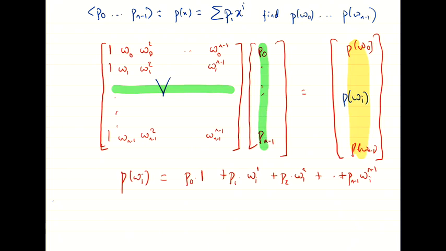Well, this matrix vector equation tells you that V times this P0 to Pn minus 1 is equal to P of omega 0 to P of omega n minus 1, right? It tells you that if you want to compute the inverse, what you need to do is multiply by the inverse of this matrix.